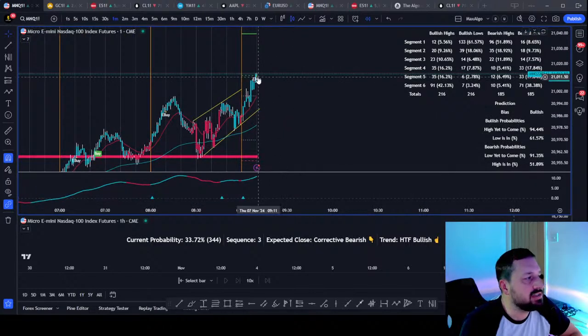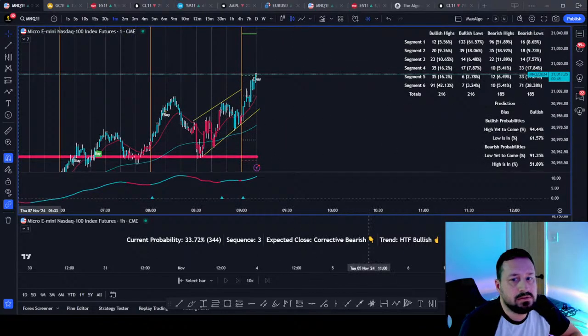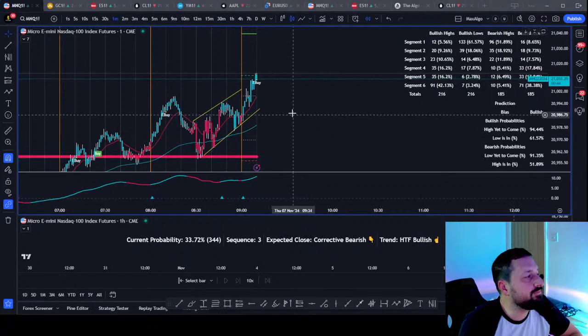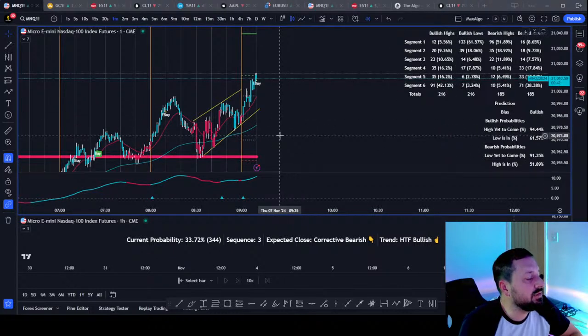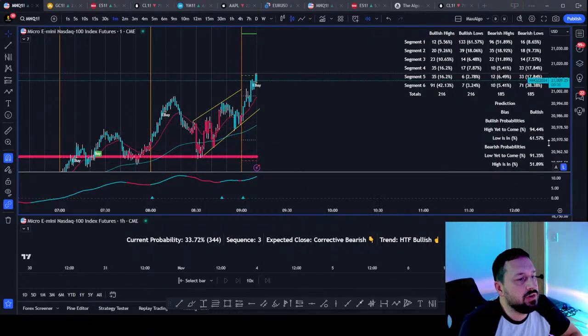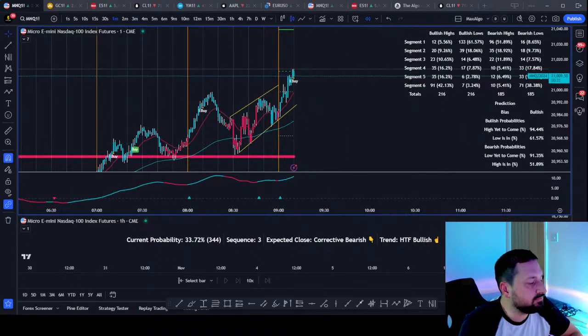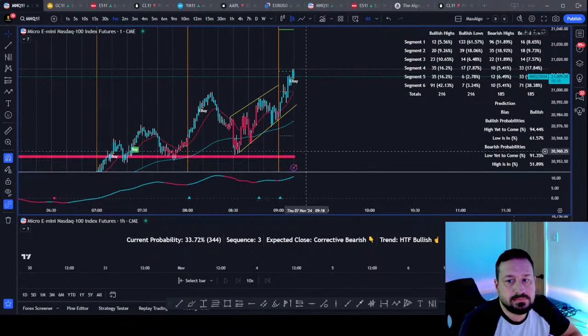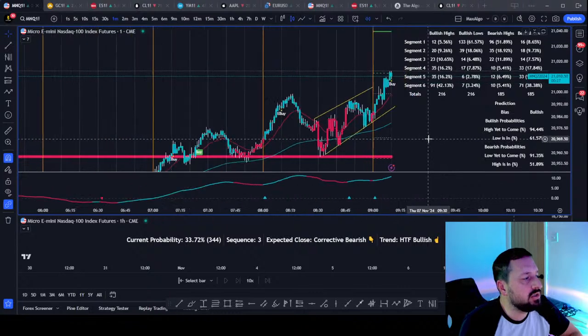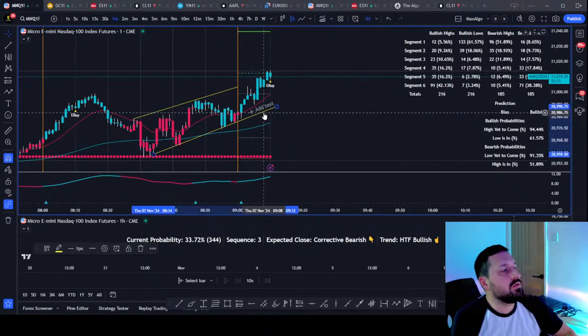We get an early buy signal as well for the hour. So right now we've got a 61% probability of our low being in. Let's put that on the chart. Let's go old school.